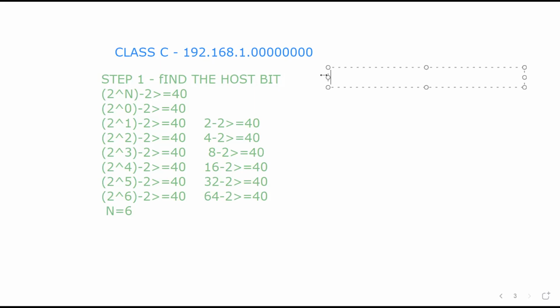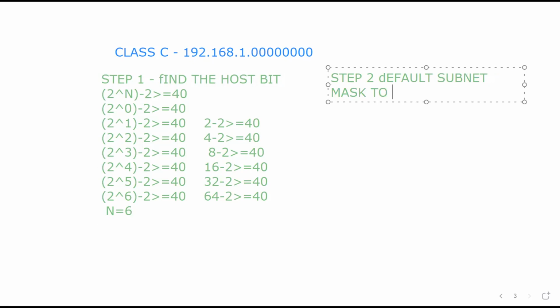Okay. So our second step is to convert the default subnet mask to the custom subnet mask.